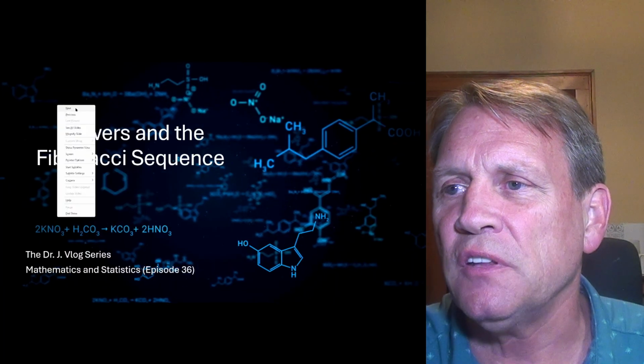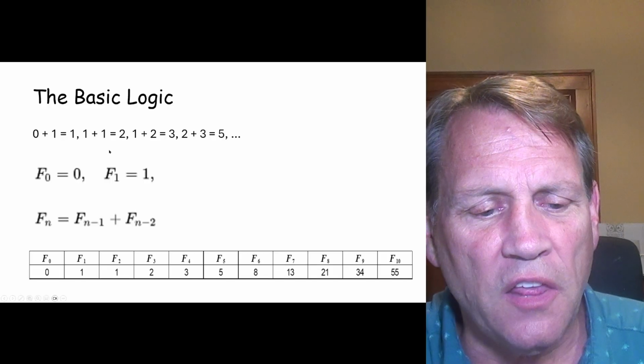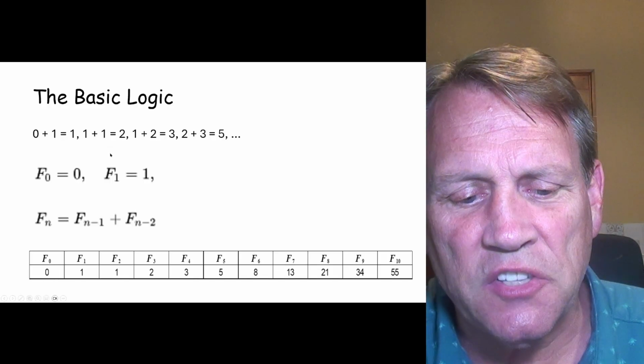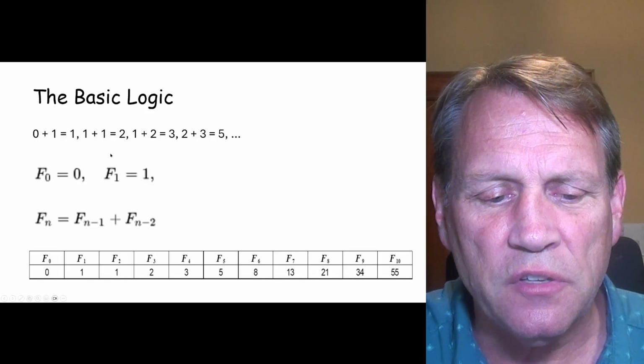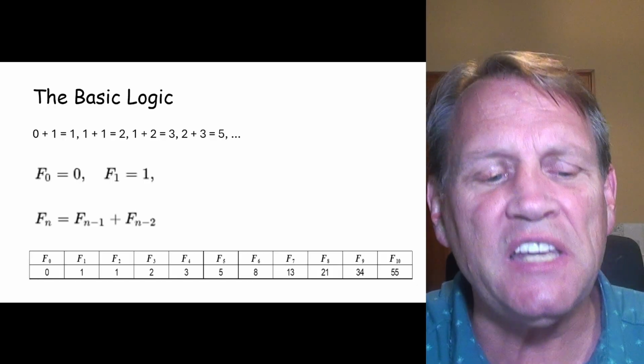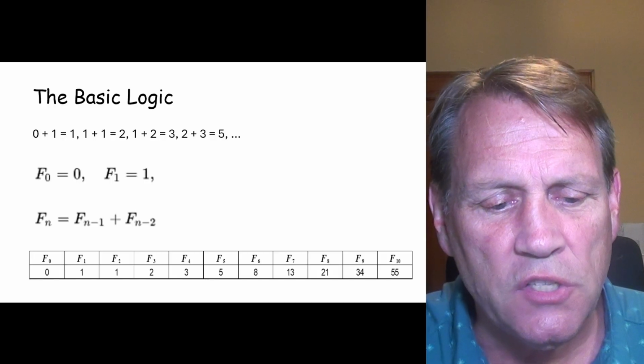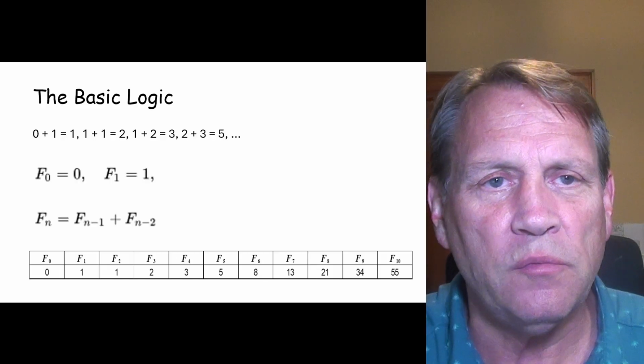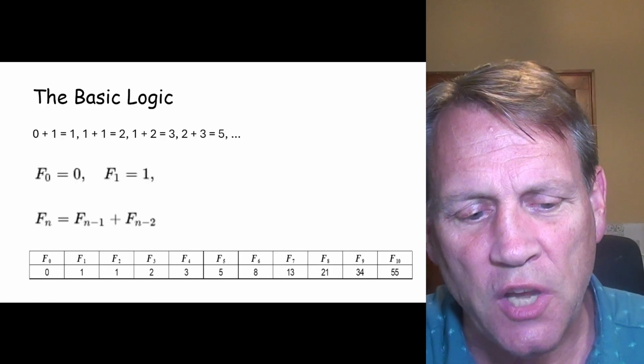More specifically, the Fibonacci sequence consists of a series of numbers where each number is the sum of the two preceding numbers. So for example, if you start with 0 and 1 and add them together, of course, you get 1.